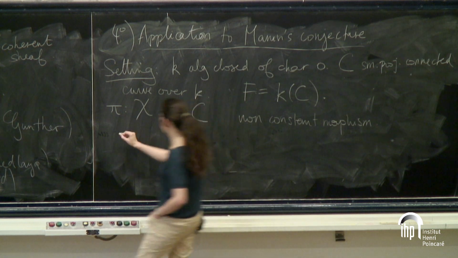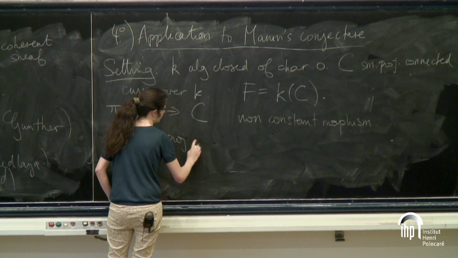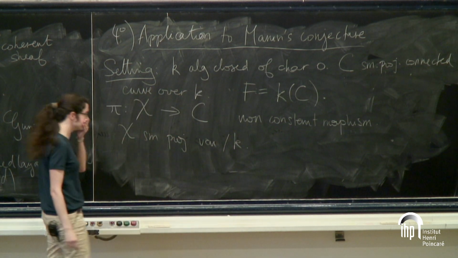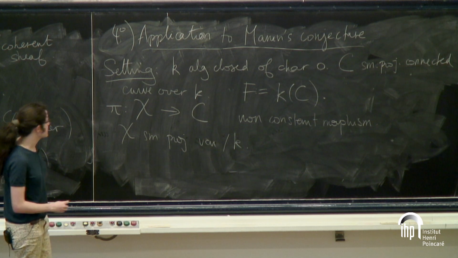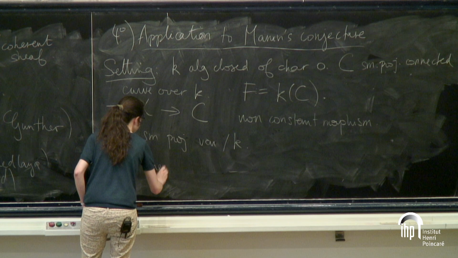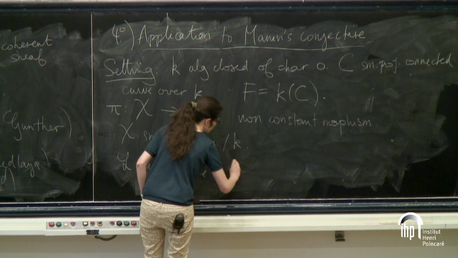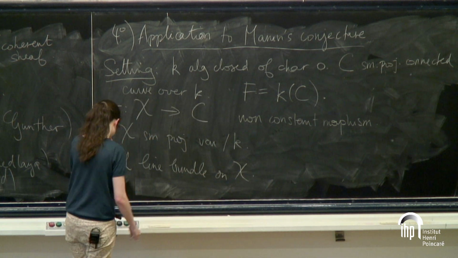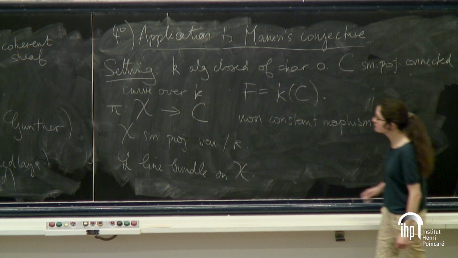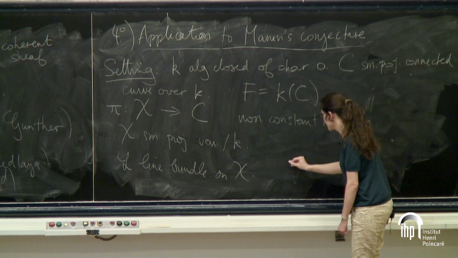Here script X is a smooth projective variety over K. And I also give myself L, a line bundle on script X. And I will make assumptions, and the assumptions will not be on script X and script L, but on their generic fibers.